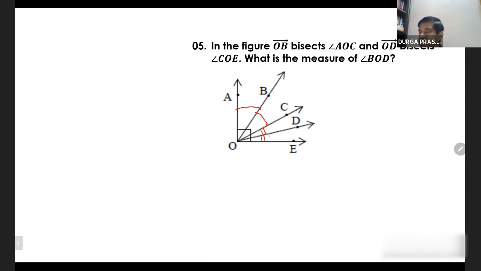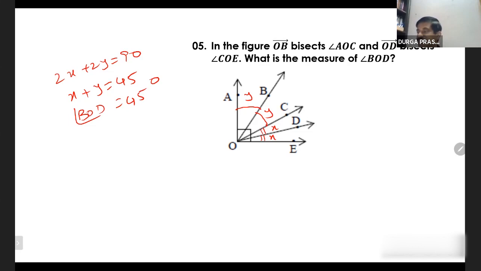Let us call this X and this Y. So 2X plus 2Y equals 90, so X plus Y equals 45. So BOD is X plus Y, so that is 45 degrees. Which option satisfies? Option A. Please note it quick.